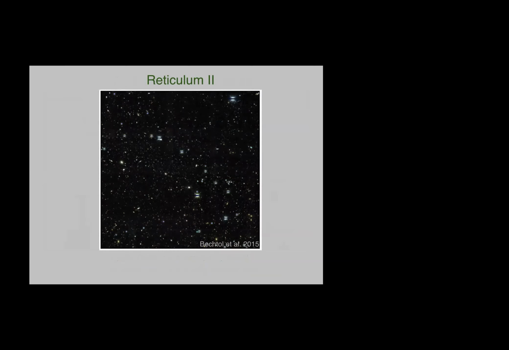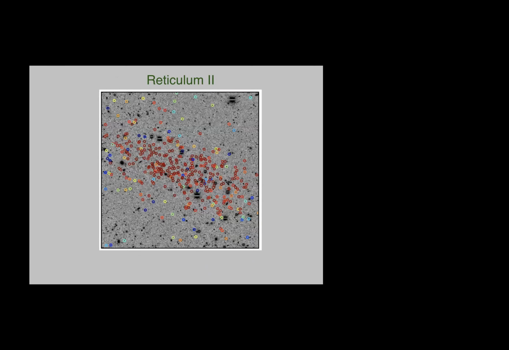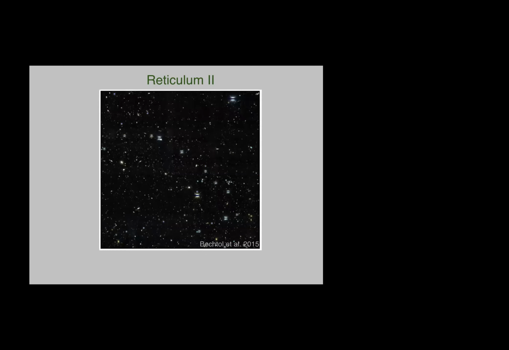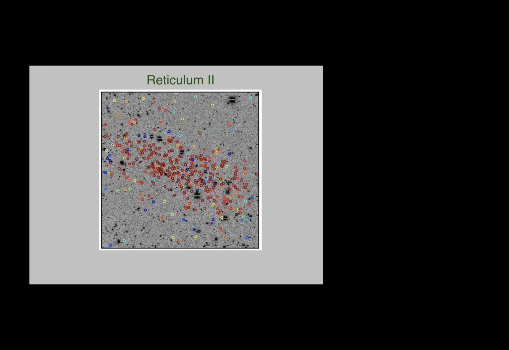If I overplot the stars that are associated with this galaxy, you will see this red, and then all these circles, color coded with their probability of association to Reticulum 2. If I go back and forth, you can see the job of really detecting this galaxy is extremely challenging. They have only started to be discovered after 2015 or 16 by the Dark Energy Survey.